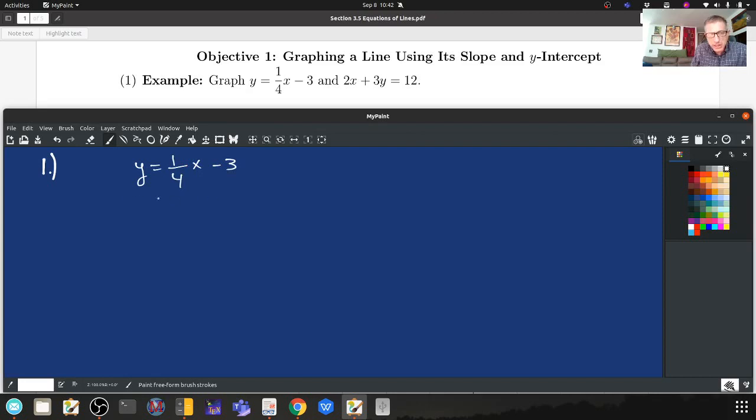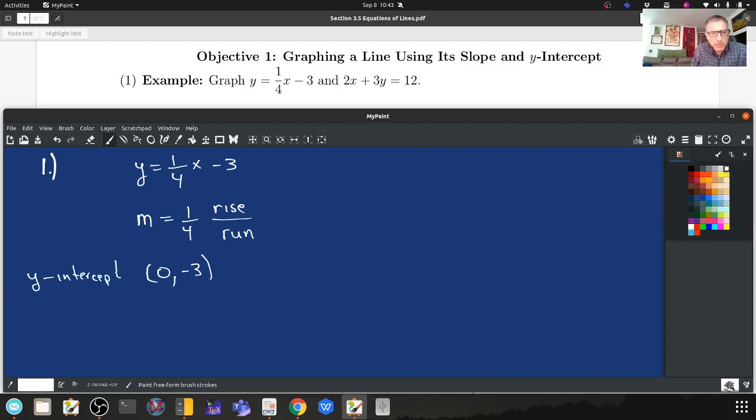Just looking at the equation in its form, the slope is 1/4, and it's good to remember this as rise over the run. And the intercept is 0, minus 3. When I say intercept, I mean the y-intercept.